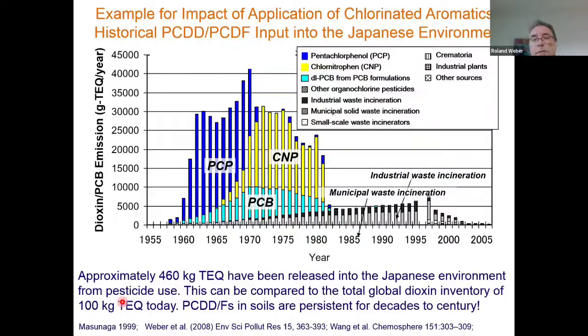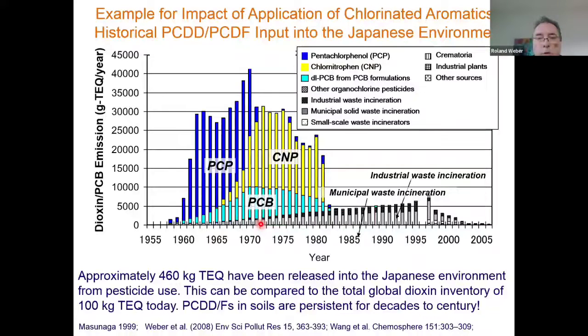So still from this application in the history in Japan, all the rice field soils in Japan are contaminated. And over the last 50 years, these soils have released the dioxins in particles into the rivers and into Tokyo Bay.